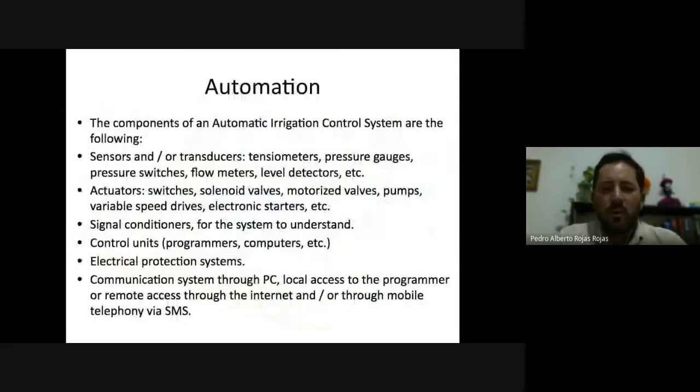So this kind of irrigation has the capacity for automation.